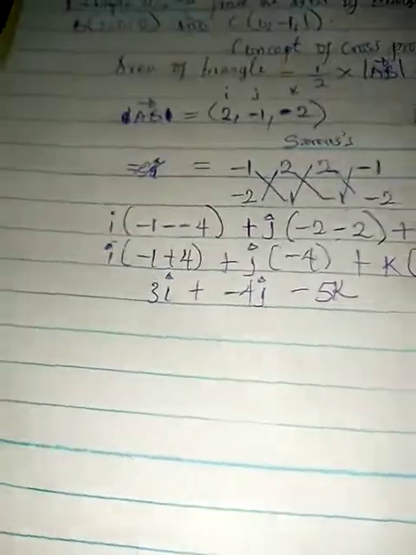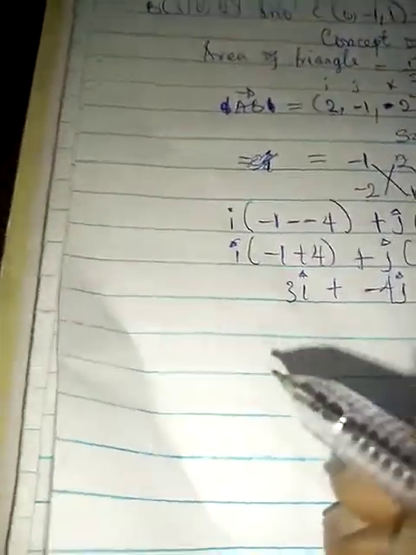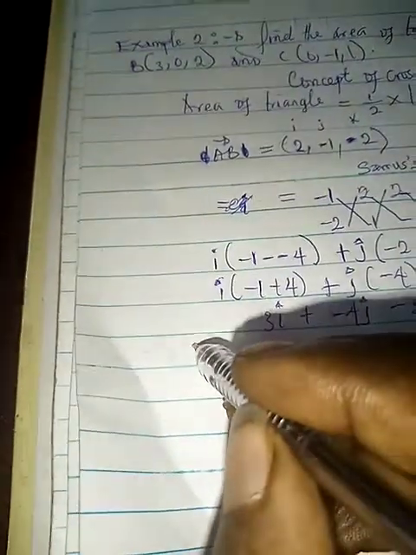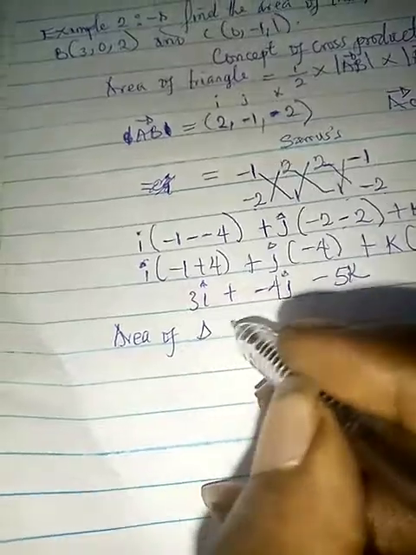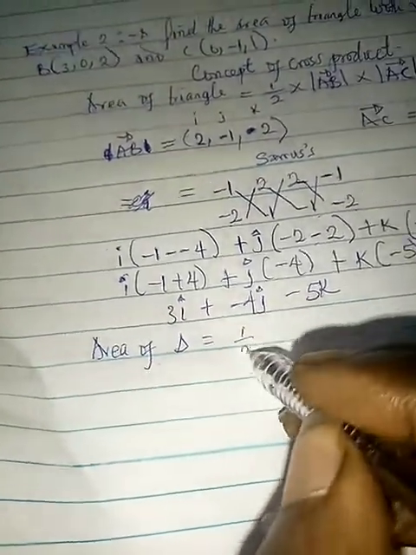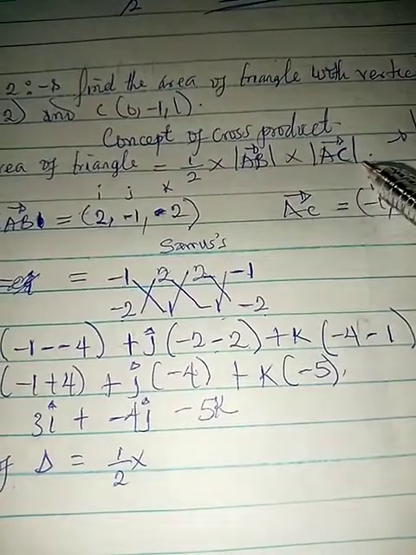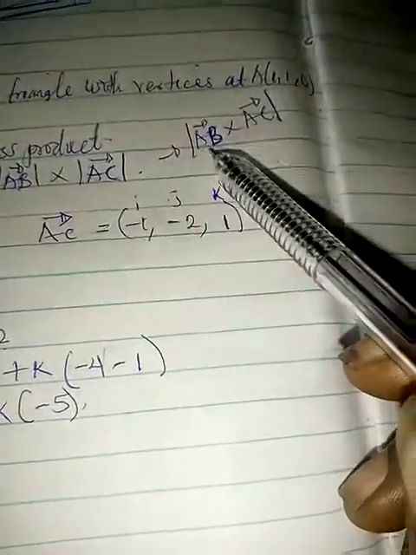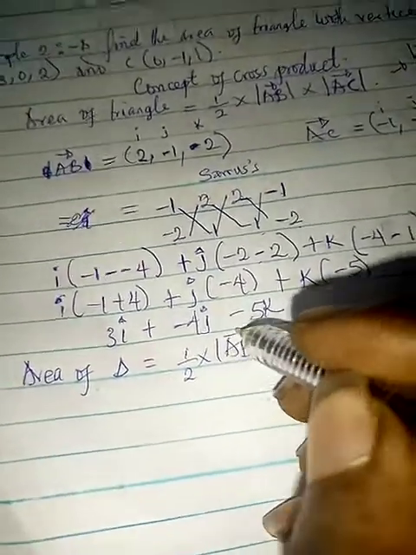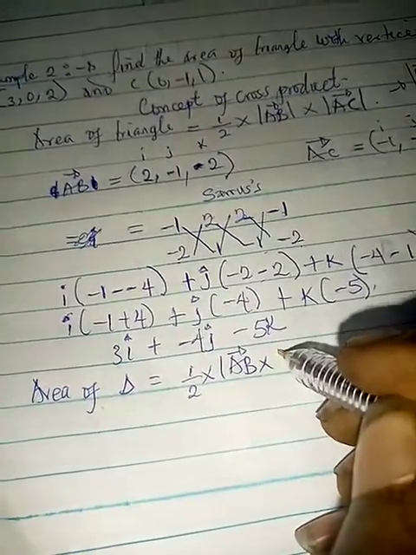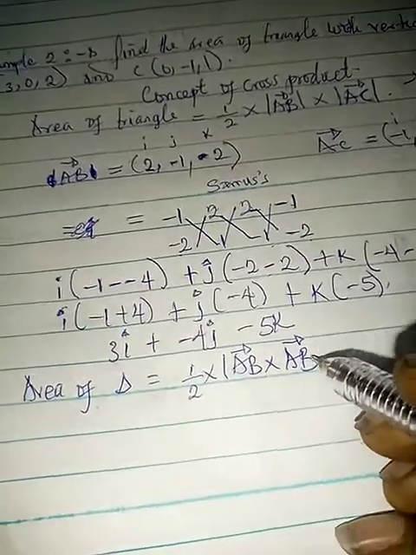Yeah, that settles that. So the next thing is now for us to find the area of triangle, which says that half times absolute value of AB times absolute value of AC, or you can even write it this way: absolute value of AB is still the same thing times length AC.